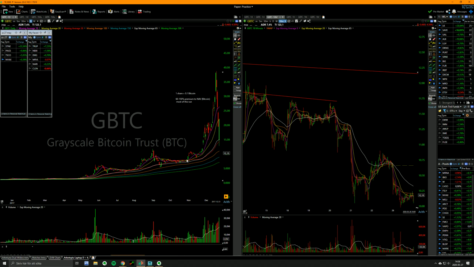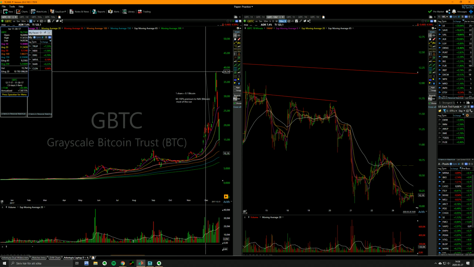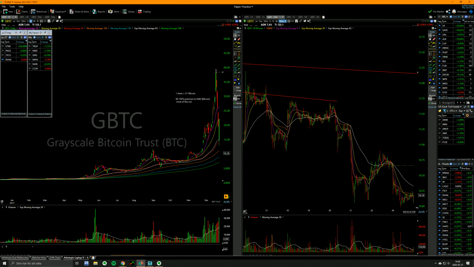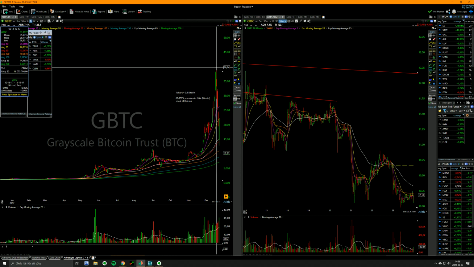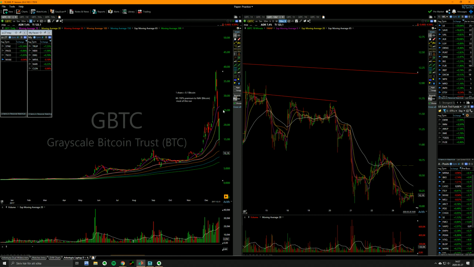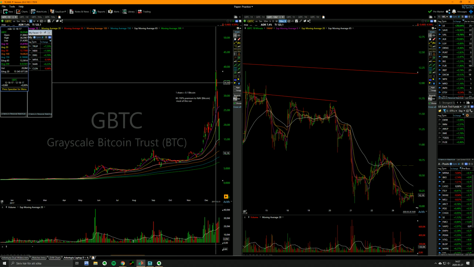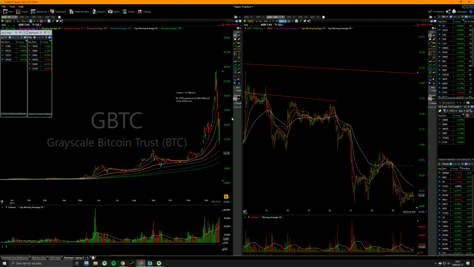It has a leg higher, goes sideways, has a leg higher, goes sideways, another leg higher, then it goes up a bunch of days in a row. It pretty much doubles in a week, and then you had this blow off day. I don't have the intraday chart for it right now, but it was a similar chart to what I showed on mRNA and INO.